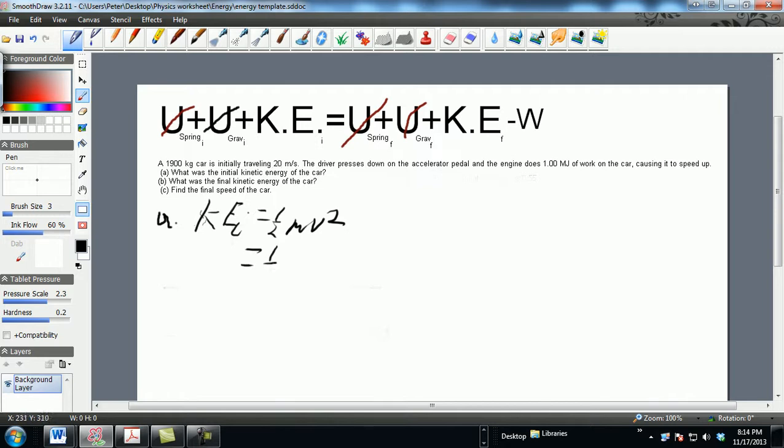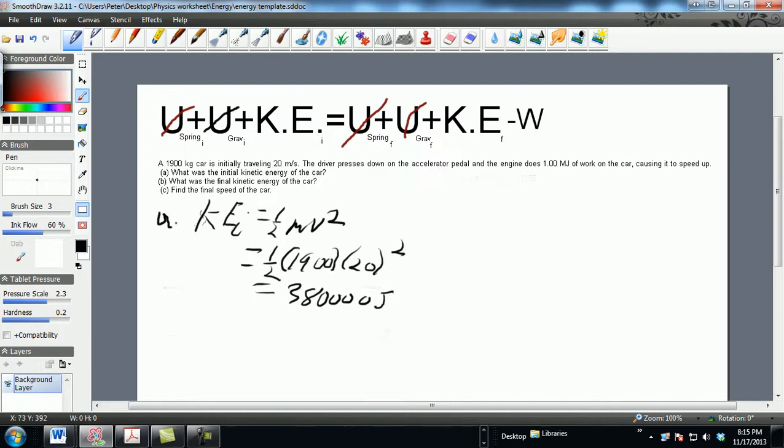That turns out to be 1/2, the mass is 1900, the initial velocity is 20, right? So 20 squared is 400. Half of that is 200. 200 times 1900 is going to be 38 with 4 zeros. Okay, that's how many joules we have.